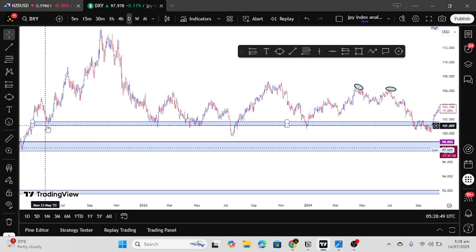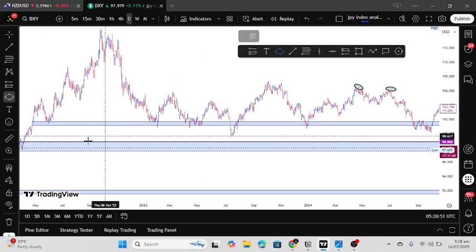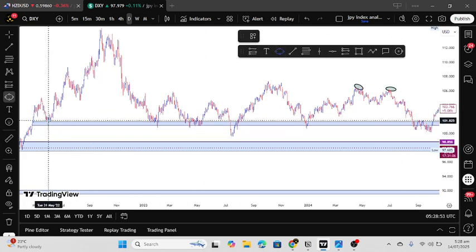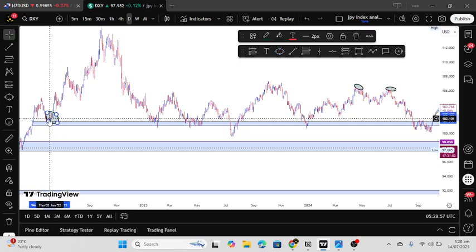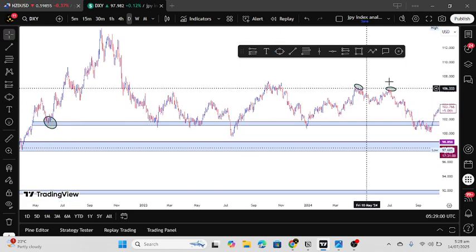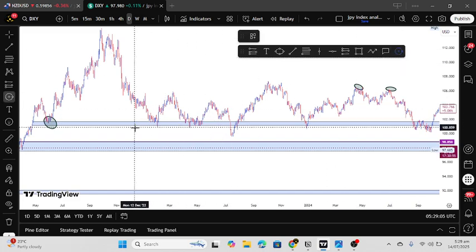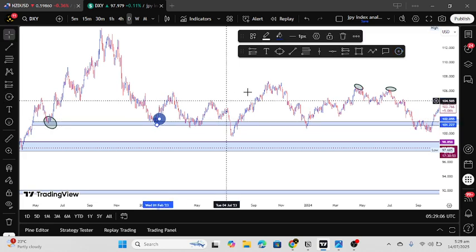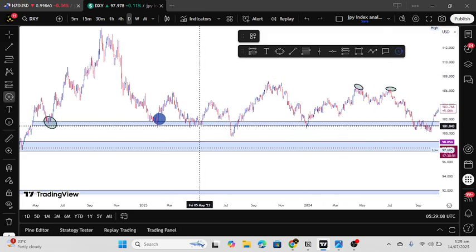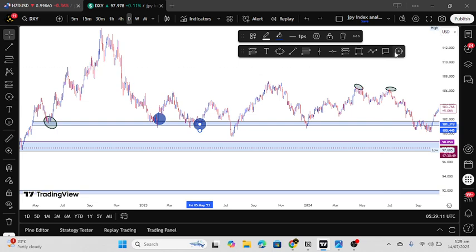This particular point that I'm marking out right now has been acting as support for a long time now. So let me mark them out for you to see. You can see all the zones I'm marking out. This zone is acting as a support.